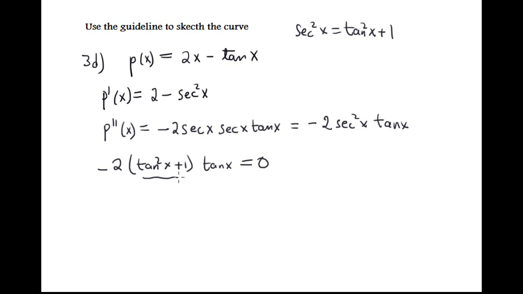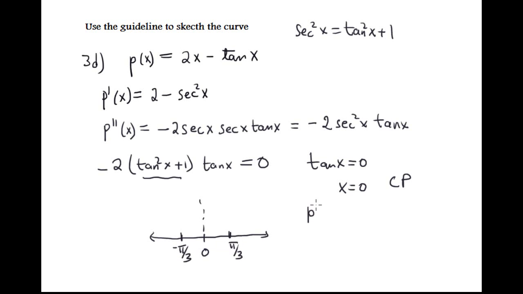The first factor is never 0. The only possibility is that tangent x is equal to 0. Now tangent is equal to 0 in this interval at x equals 0, and this is the potential inflection point. Let me check with the second derivative test. You evaluate the second derivative at pi over 3 and negative pi over 3, for example.